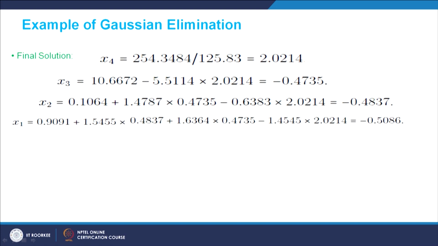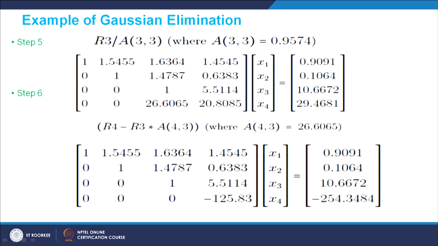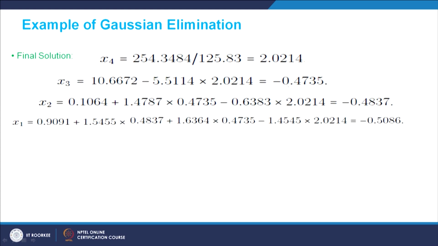Now here, because this is negative, it is 0.1074 minus 1.4787 into x 3. Now, x 3 is actually minus 0.4735. So it is minus into minus, and minus of minus becomes plus.